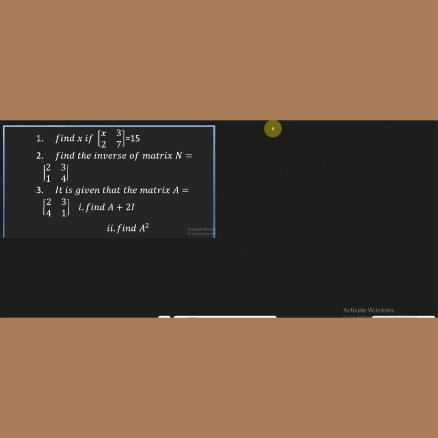So I'm going to use the right formula for finding the determinant of a 2 by 2 matrix. For instance, if I have a, b, c, d as the matrix, this is 2 by 2 because the row is 2 and the column is 2.